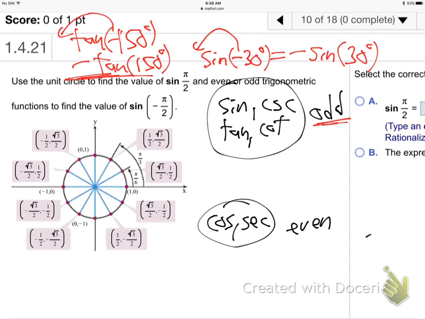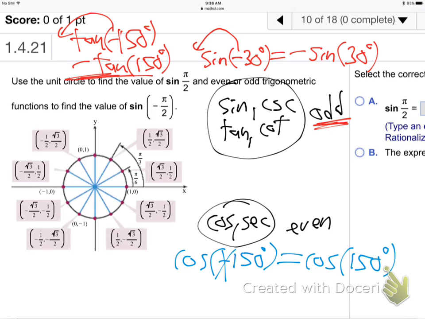Does that make sense? That's what an odd function does. An even function, if you have like the cosine of negative 150, because he's even, you know what the negative does? It just vanishes. Doesn't go anywhere. Gone. Poof, like a magic trick. That's what even does.